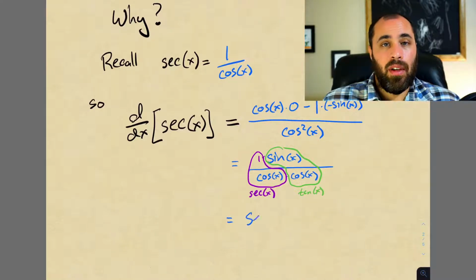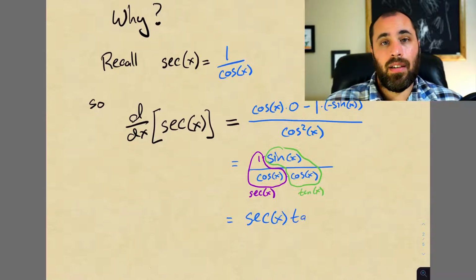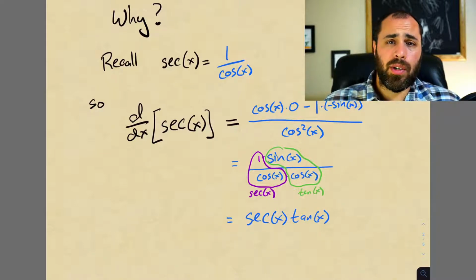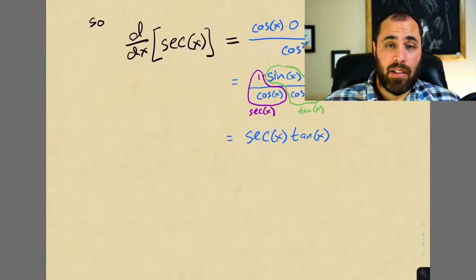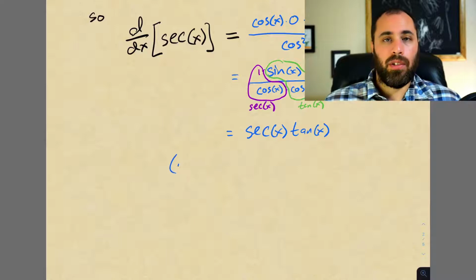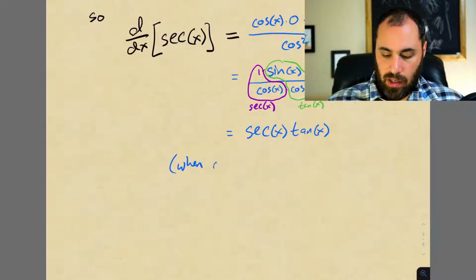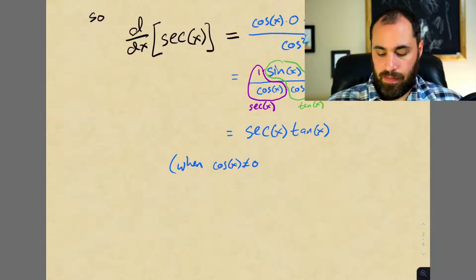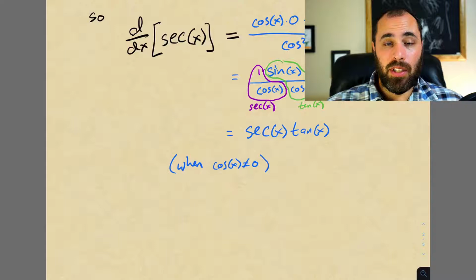So we conclude the derivative of secant is secant x times tangent x. Of course, this is when the denominator is not 0, so when cosine is not equal to 0, which is also the domain of the original secant function. So let's put some of these to work.